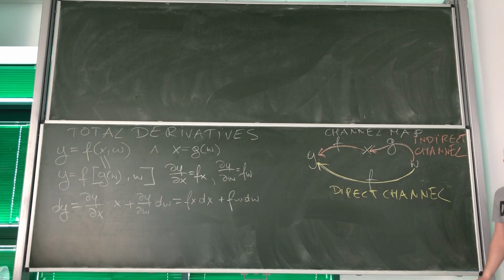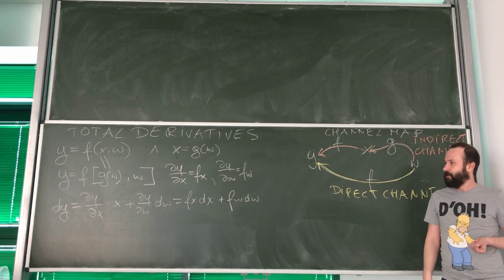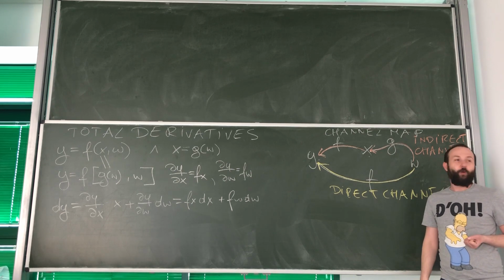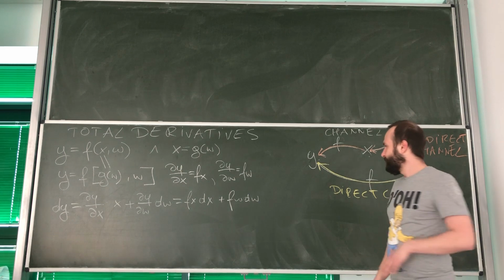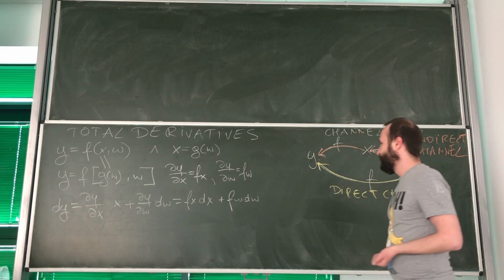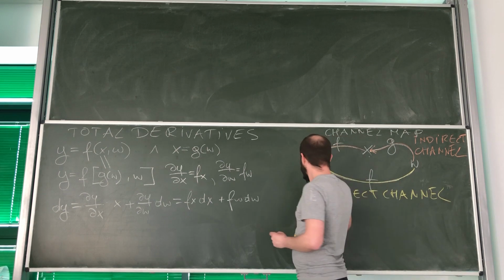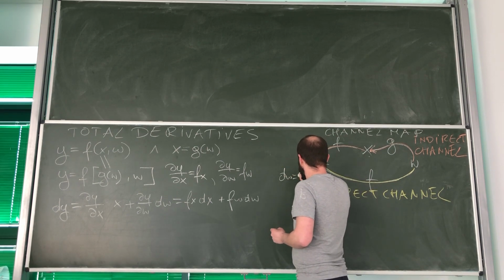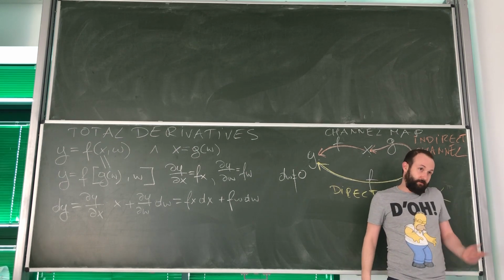Now, what we have is the change in y. However, we want to know what happens to y as w changes. Then what should we do? Look, if we know that w actually changes, it means that dw must be different than 0, right?